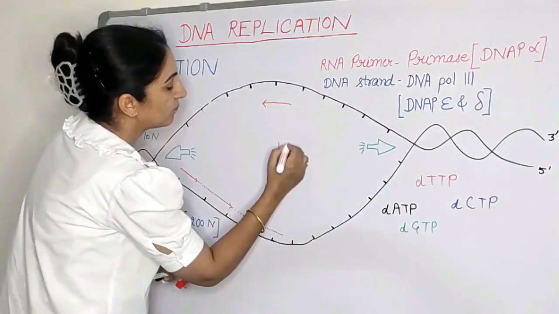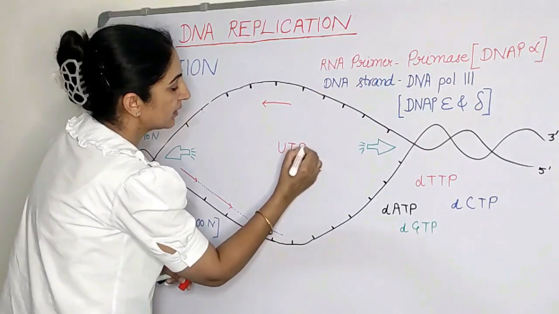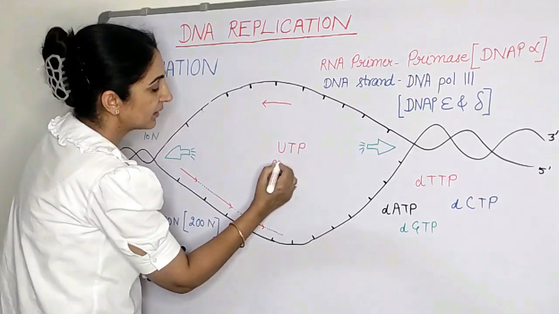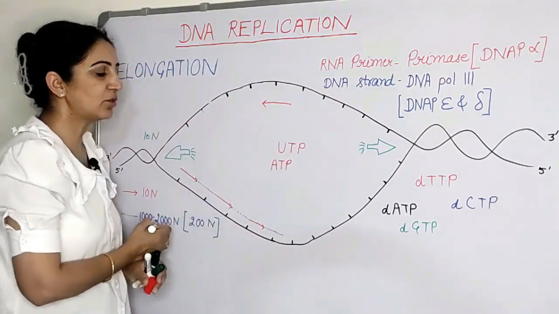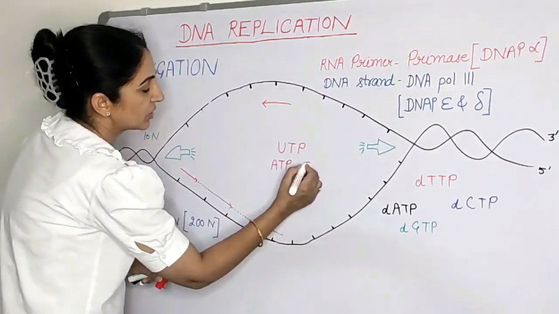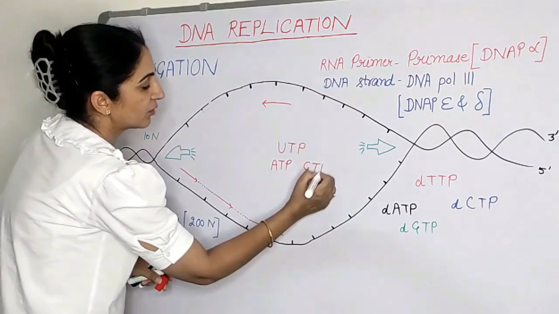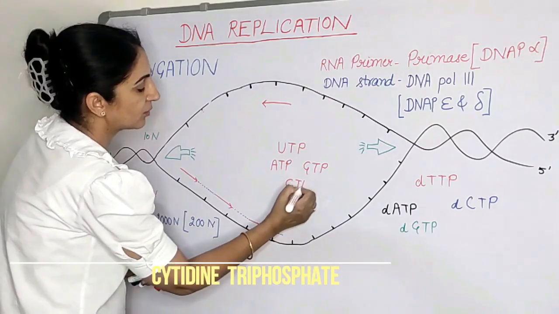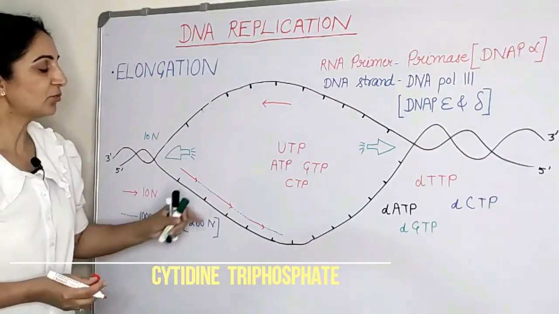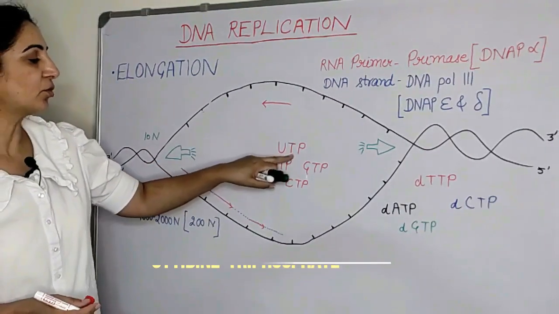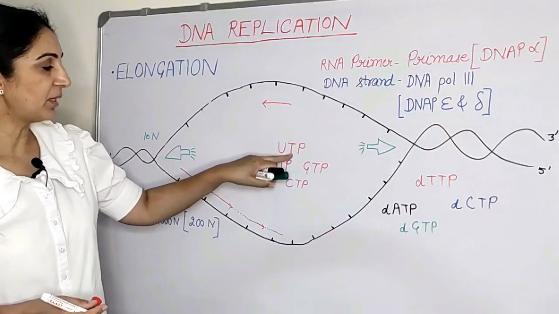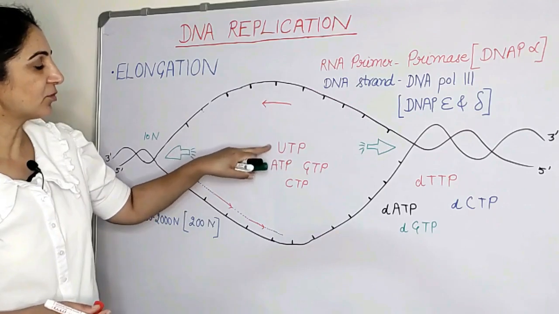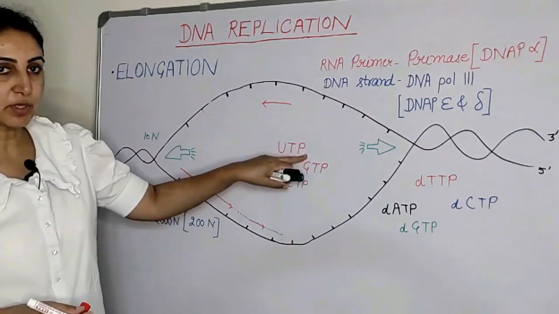It will be UTP, that is uridine triphosphate, or ATP, that is adenosine triphosphate, or GTP, that is guanosine triphosphate, or CTP, that is cytosine triphosphate. So the first difference was you don't have thymine as the nitrogenous base in the case of RNA. In place of thymine, you always have uracil.